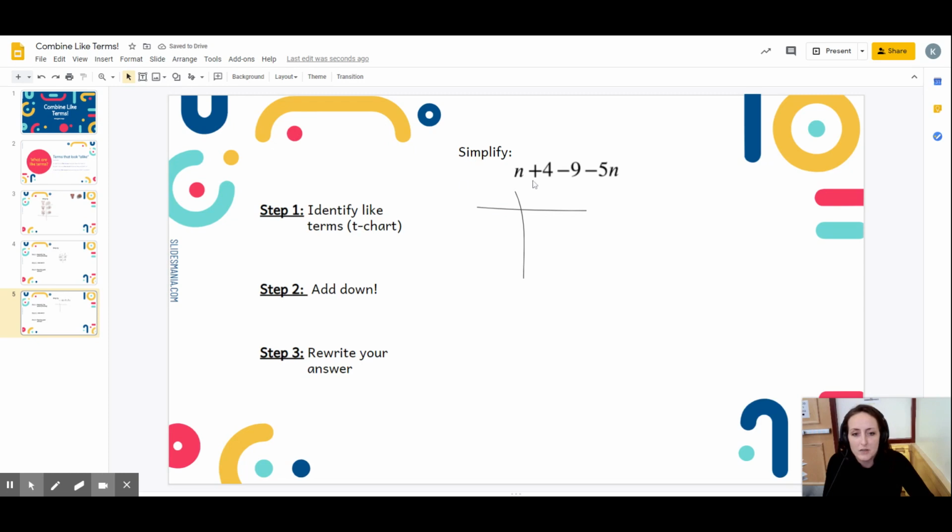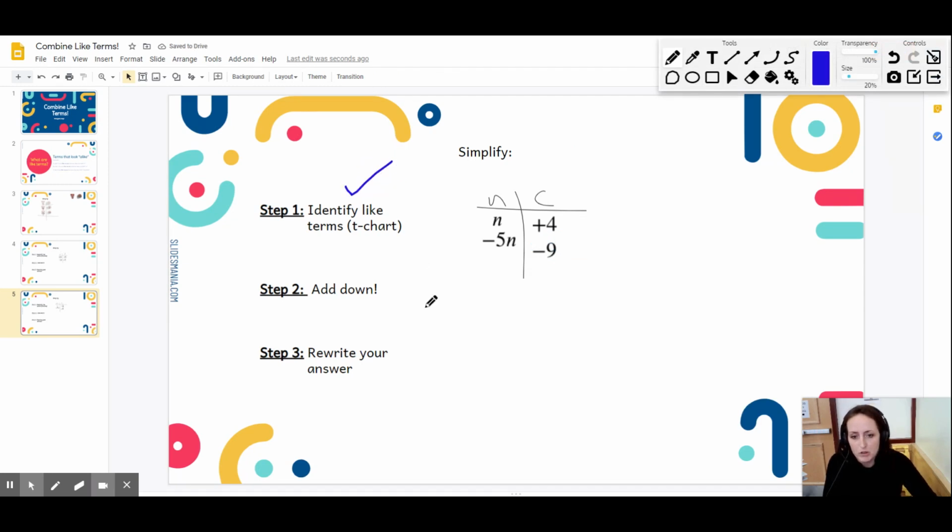Step 2, identify what we have here. We have n's, and we've got constants. If it's hard for you to identify that, just start with your first one and say, okay, I've got n's. Let me drag all my n's down. What do I have left? Constants. So that must be my other column. And then drag all my constants down. Step 1 is accomplished.